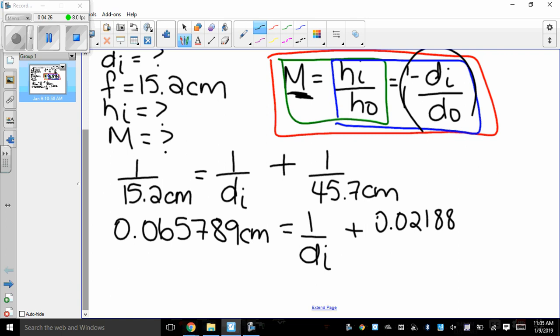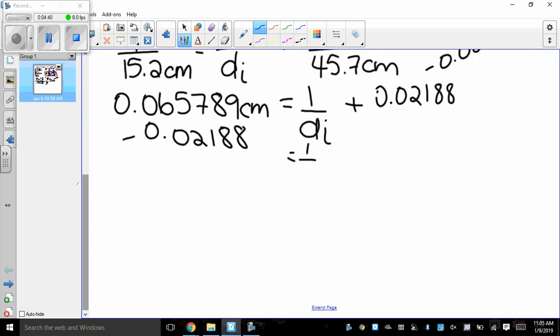Great, so moving this to that side, subtracting it, right? So this value subtracted by that value.